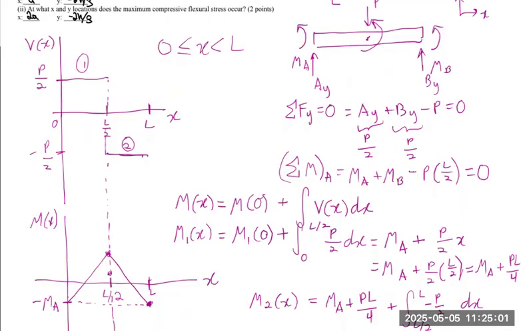So it will have dropped some value if there was a counterclockwise moment here. If the moment at L over 2 was clockwise, we would actually have a rise in the moment, although clockwise on the free body diagram would have been negative.